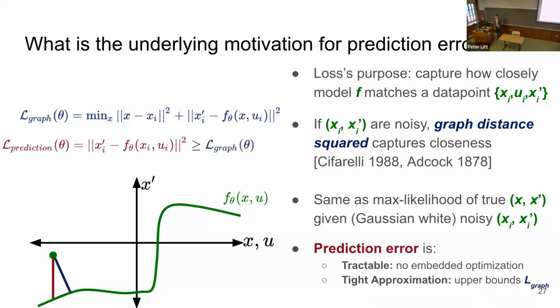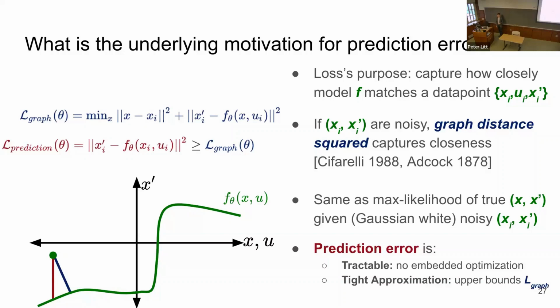So something else you could do is, instead of getting the closest point on the graph, just find the vertical distance to the graph. So this is equivalent to assuming that your initial condition is not noisy. And this is precisely what prediction error does. And it is related concretely to graph distance in that it is larger than graph distance, because you're not picking the best point, you're picking a particular one.